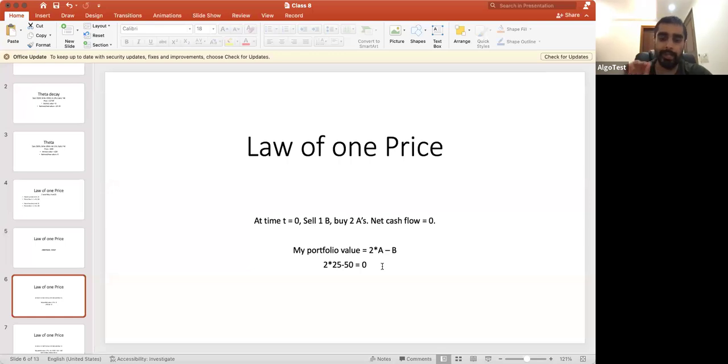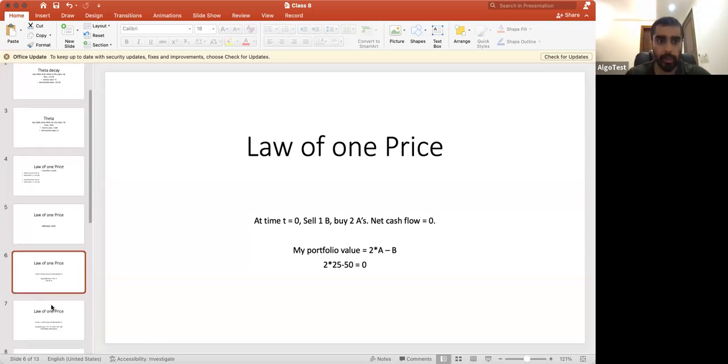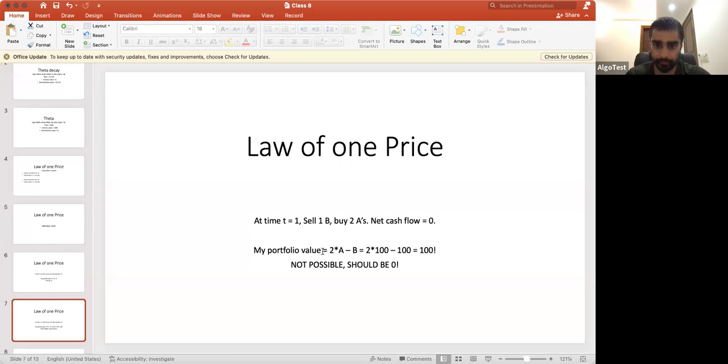By having a net cash flow of 0, I hold this portfolio 2A minus B, right? And 1 year from now, I know both A and B are going to be 100 rupees, right?